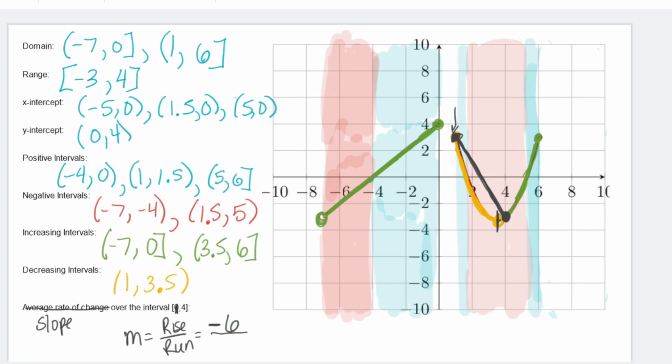Then if I think about my run, I have it here at 1 to 4. So from 1 to 4 is 3. And then lastly, you just reduce your fraction. So negative 6/3 is the same thing as negative 2. And that's your average rate of change. All right, and it's just counting the boxes, rise over run, to find that slope.